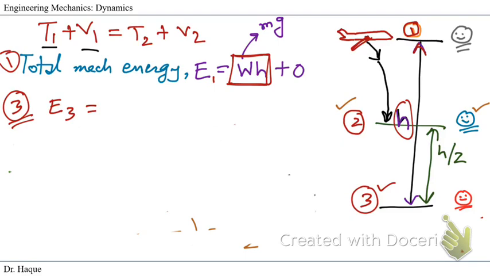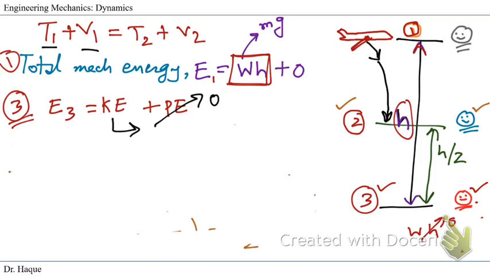At the ground there is no height left for our paratrooper, so H is 0, and the potential energy WH goes to 0.